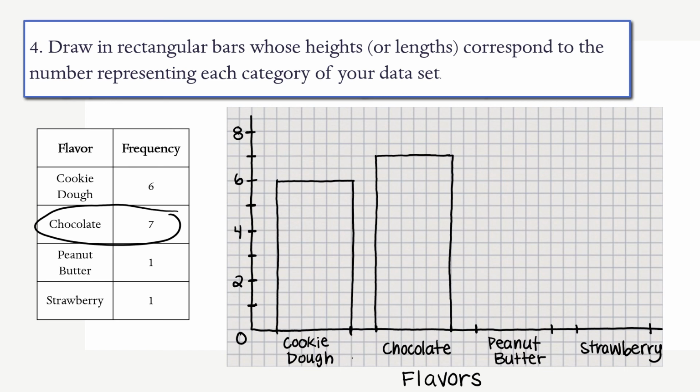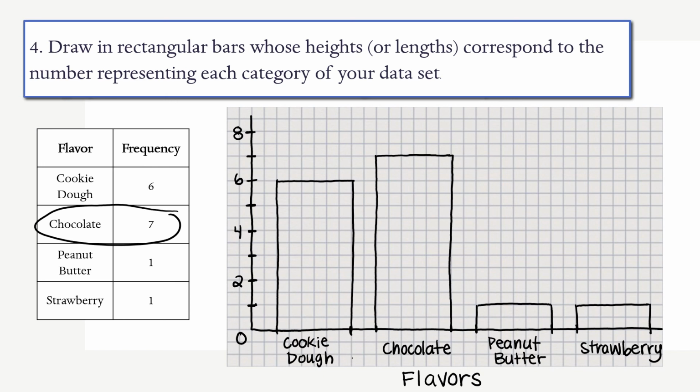So chocolate has a height of 7, and then peanut butter and strawberry each have a height of 1. So there's my peanut butter with a height of 1, and my strawberry with a height of 1.